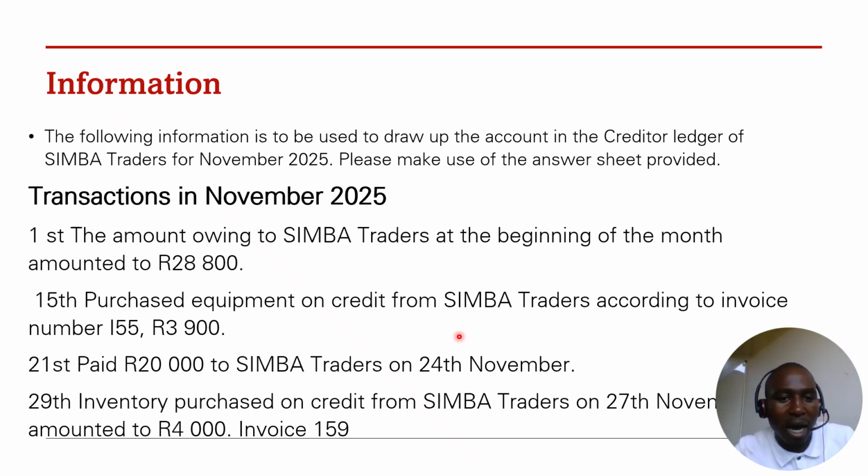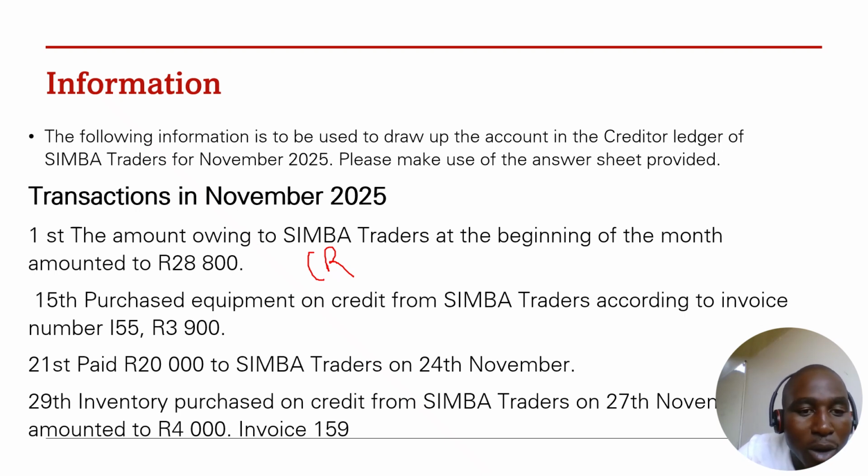Now, let's see how to write on the creditors ledger. The first transaction is a balance, so it will go on the credit side of our creditors ledger because it is the amount that we're owing to Simba Traders. The second transaction, where we purchase equipment on credit from Simba Traders, means we are increasing.